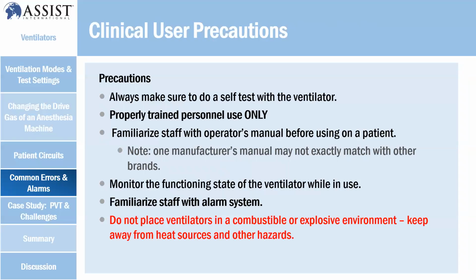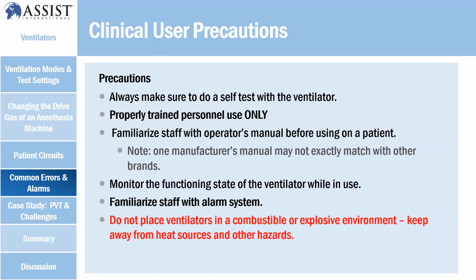When you talk about clinical user precaution, always make sure to do self-tests with the ventilator they're going to use. Only properly trained personnel should use it, and the important thing is that the person should know about the ventilator and familiarize staff with the operating manual before using it on the patient.